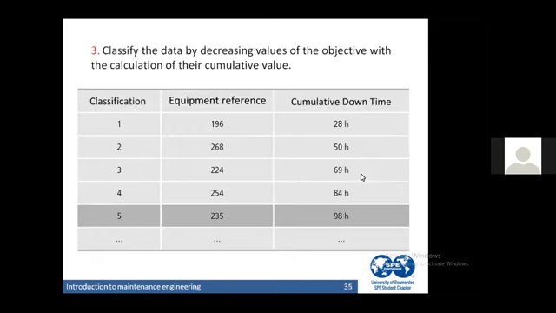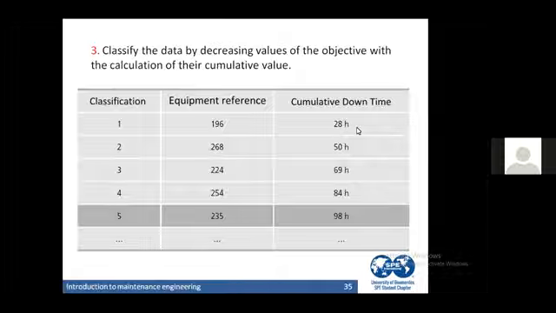Now, the third step consists of classifying them by decreasing value, and we must calculate the cumulative time of the objective. For example, the equipment with reference number 196 has 28 hours of downtime, and equipment 268 has a downtime of 15, so cumulated 43.